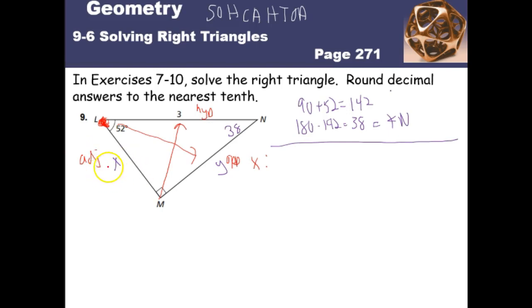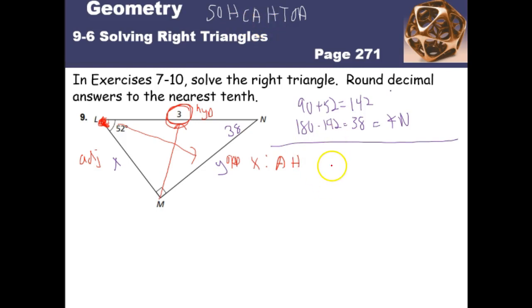So to find the adjacent, or to find x, I have to use x. Since I'm finding it, I have to use it. So that's a, the adjacent side, and I have to use the side they give me. They only give me one side, 3. That's a hypotenuse, so I have to use it too. So if I look up here, it looks like a and h is cosine.